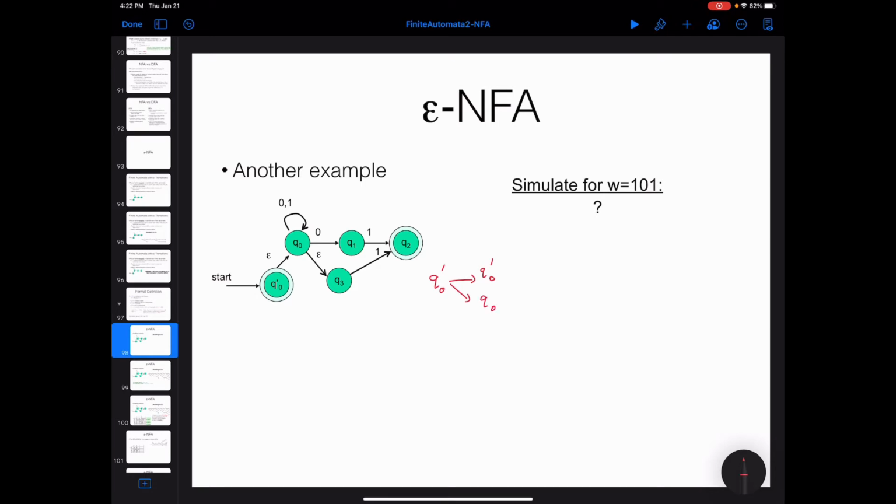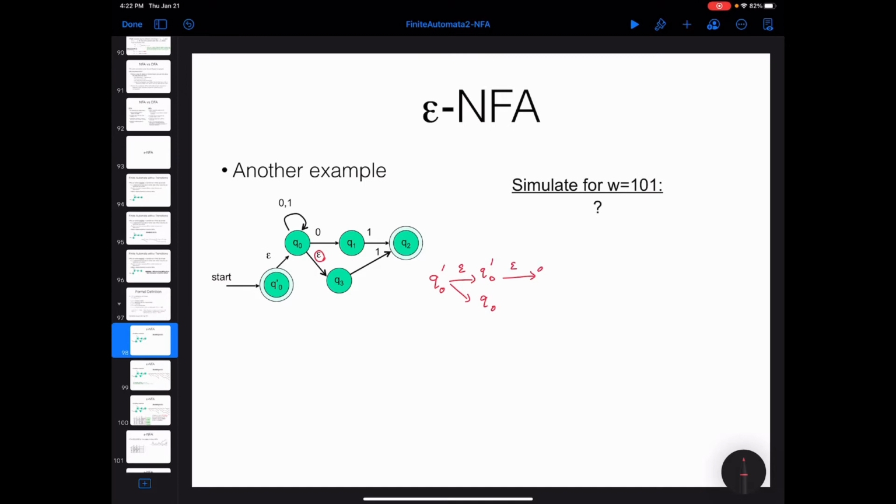But the thing is, instead of starting to read the inputs, you can see that because there is another epsilon transition over Q0, by applying one more epsilon transition, you get more possibilities as the starting point.